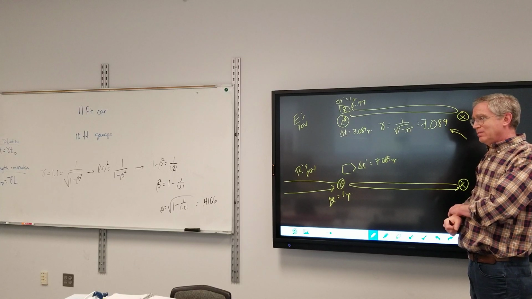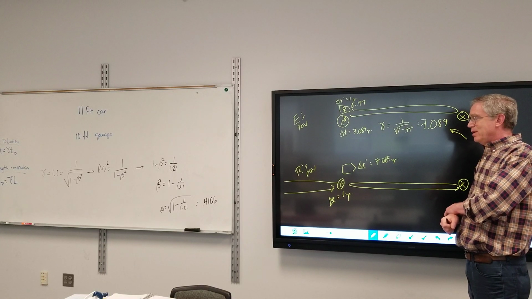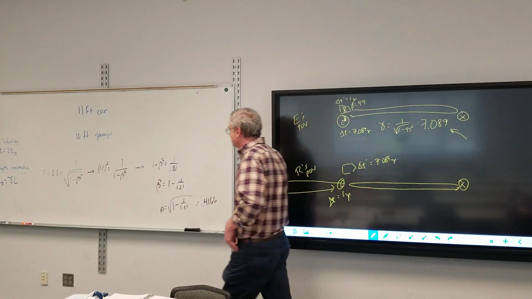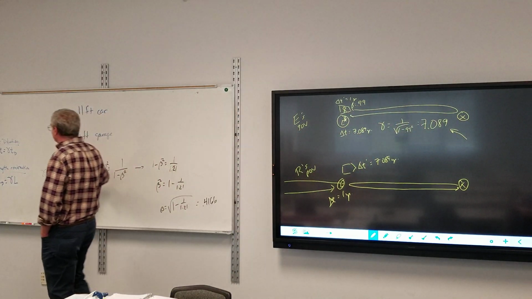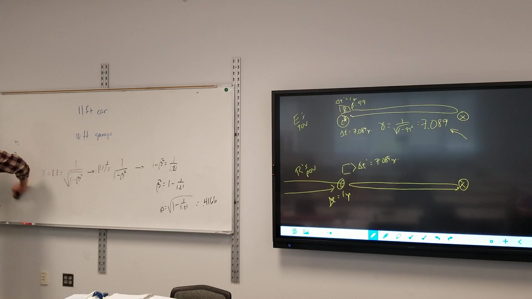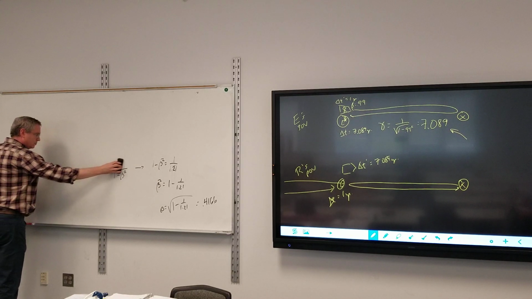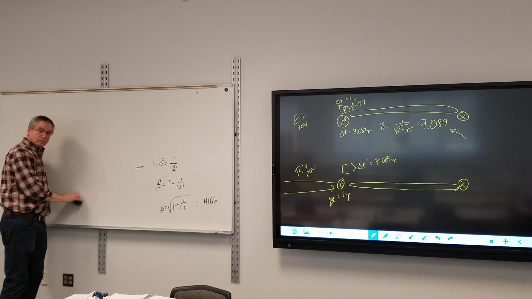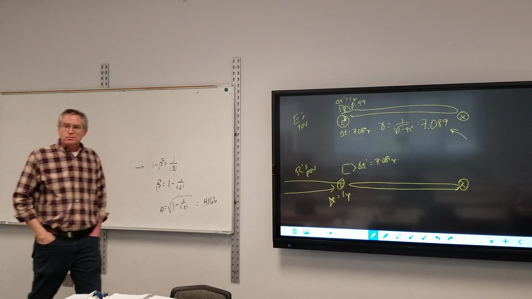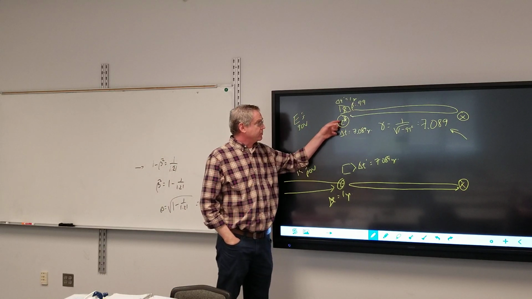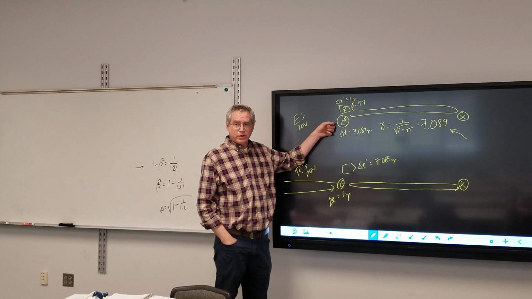Now, another thought experiment. Wait, so which point of view actually happens in real life? If the rocket turned around and came back, then this is the correct situation here.